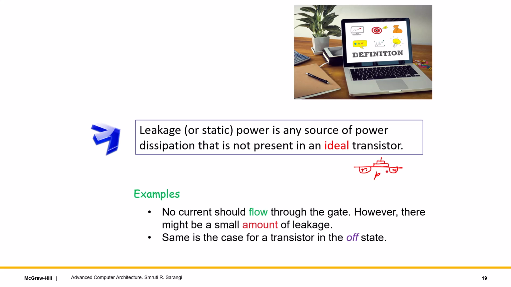You assume that the current is only flowing from drain to source. It is not flowing in any other direction. The current is, for example, not passing between the gate and the body, or between the drain and the body, and so on. So you are assuming that there are many ideal interfaces via which there is no current flow.